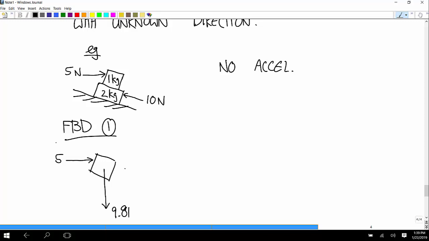So this friction force, I'm just going to represent with a force component in the x direction and a force component in the y direction, and I'm going to call this the force on the 1 kilogram box by the 2 kilogram box. Any questions about that?